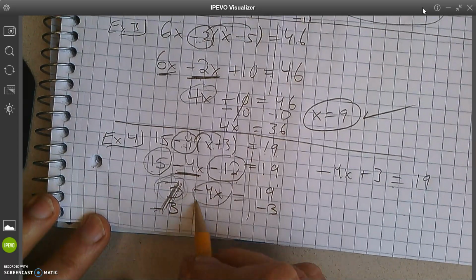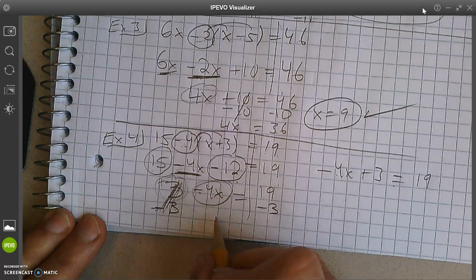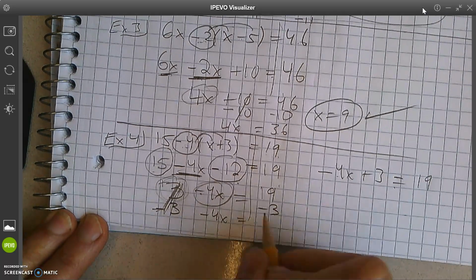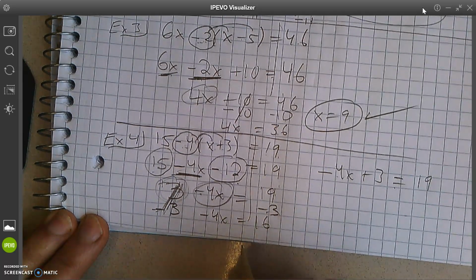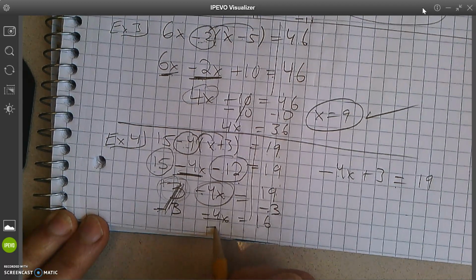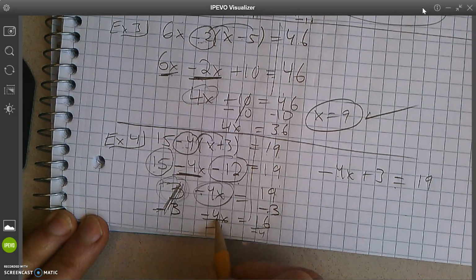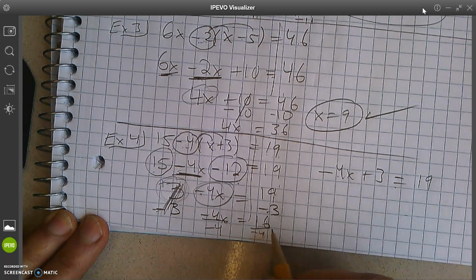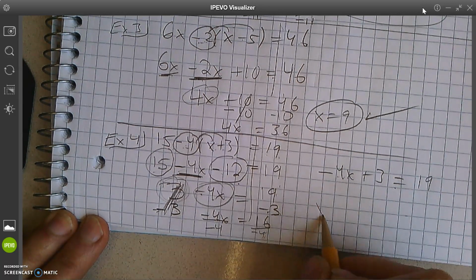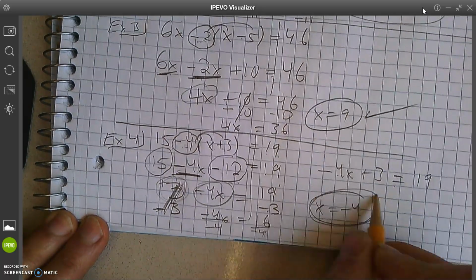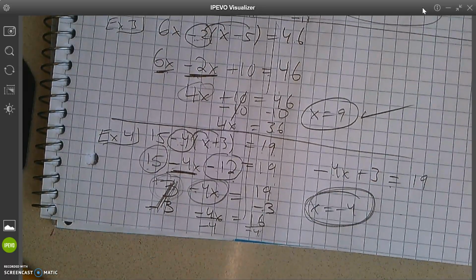And this is a -4x there. Don't forget that negative. A lot of people forget that. -4x. 19 minus 3 is 16. Divide by -4. Opposite of multiplication is division. 4 times what is 16? Yeah, 4. And a positive divided by a negative is -4. There we go. Excellent job.